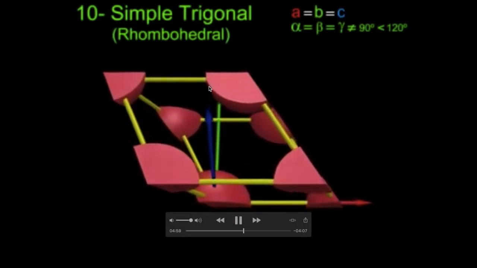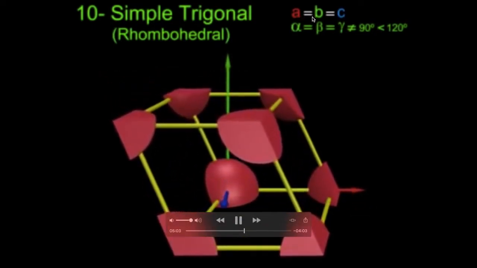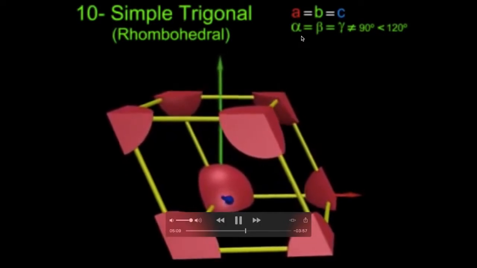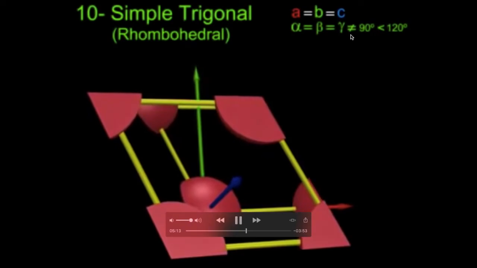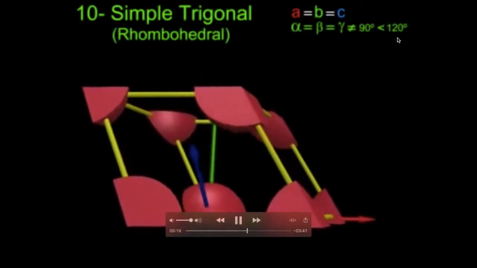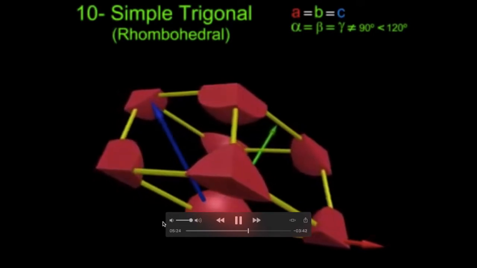In this type of unit cell, a = b = c, but the angles alpha, beta and gamma are not equal to 90 degrees, and they are less than 120 degrees. Particles are present at the corners only.